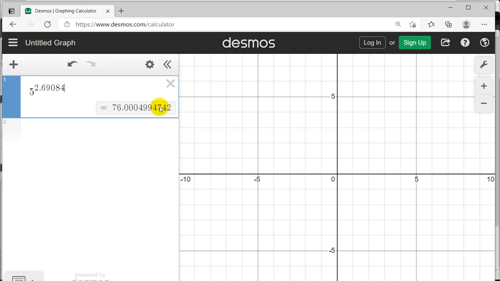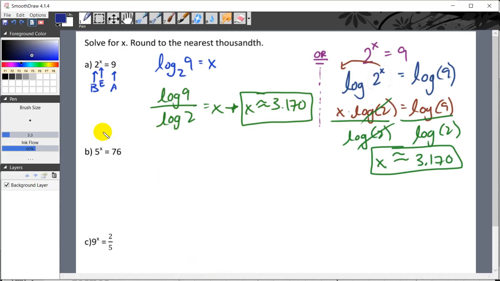So what we can do is use what I showed you earlier. First we identify our base, our exponent, and our answer. This is our base, this is our exponent, and this is our answer. Our goal is to spell log BAE.